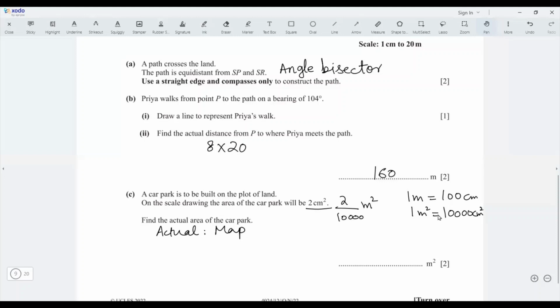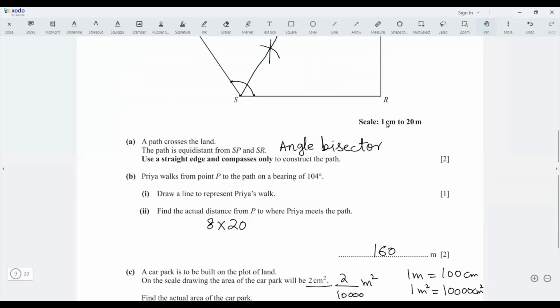So if it is 1 centimeter to 20 meters, taking the square on both sides gives 1 centimeter squared equals 2 squared, which is 4, and the zeros doubled, so 400 meters squared.